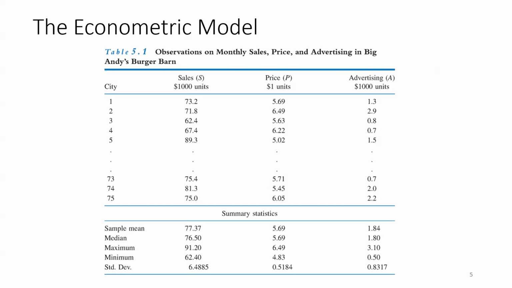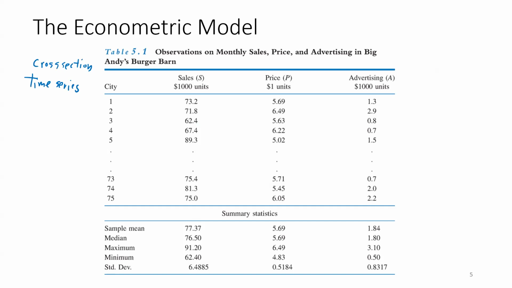So, can you answer me the question? What type of data did they collect? I have the choices: cross section, time series, or panel. This is the data by city. Which one?